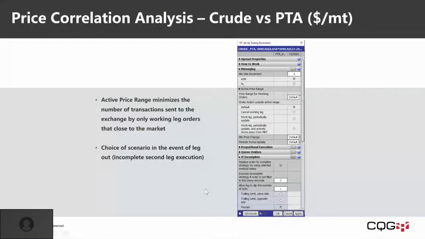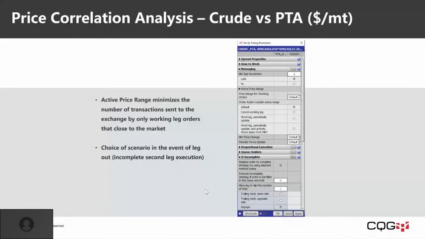And the last part of the setup of our spread is the active price range. We have a lot of, I would say, traders that are a bit worried about the number of orders that are being sent to whichever exchange nowadays. There are a lot of steps that are taken to try and reduce the number of transactions.